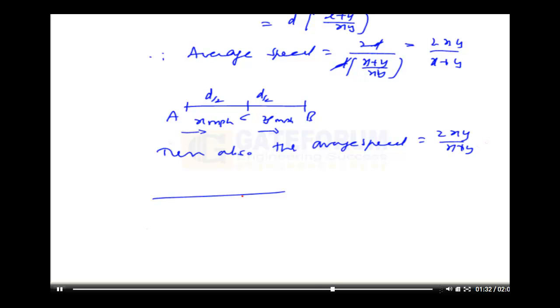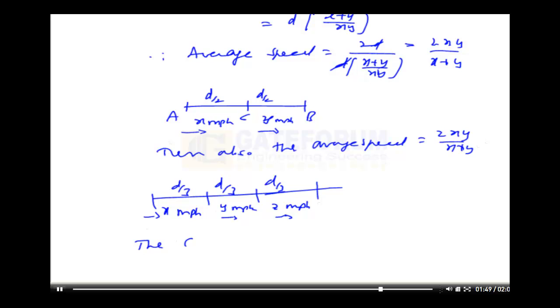In case the distance is divided into 3 equal parts and then traveled at 3 different speeds of x, y and z miles per hour, then the average speed is given by 3xyz by xy plus yz plus zx.